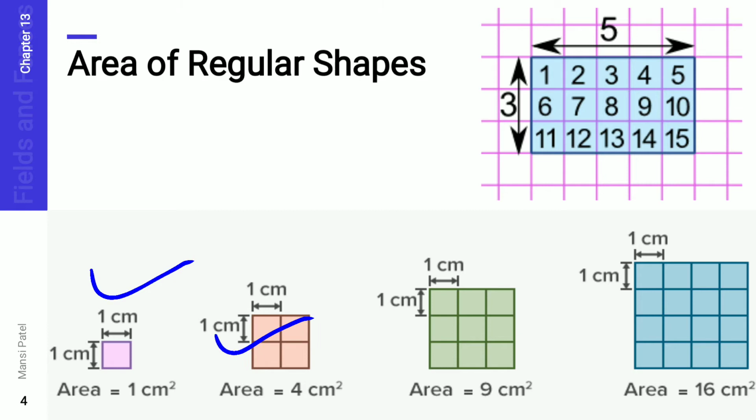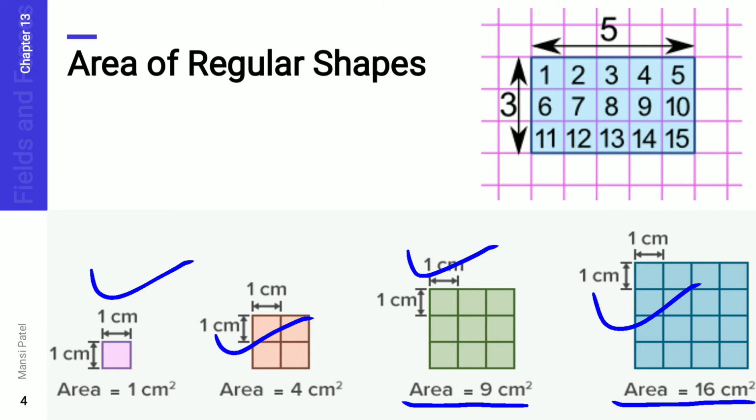Therefore, the area of this second figure is 4 centimeter square. Now this is the third figure. In this third figure, the total number of boxes is 9. Therefore, the area of this figure is 9 centimeter square. And in this fourth figure, there are total 16 boxes. Therefore, the area of this figure is 16 centimeter square.